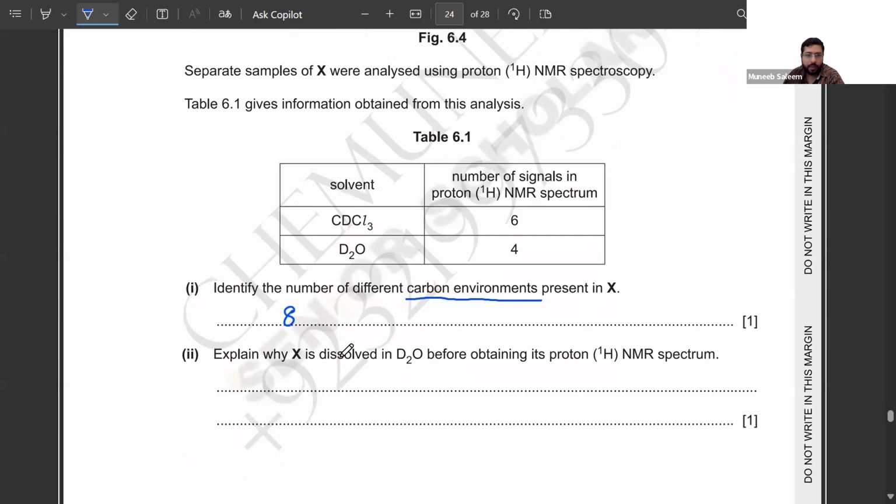The next part explains why X is dissolved in D2O before obtaining its proton NMR spectrum. So D2O means deuterium here, which is the heavy isotope of hydrogen, hydrogen 2 1.